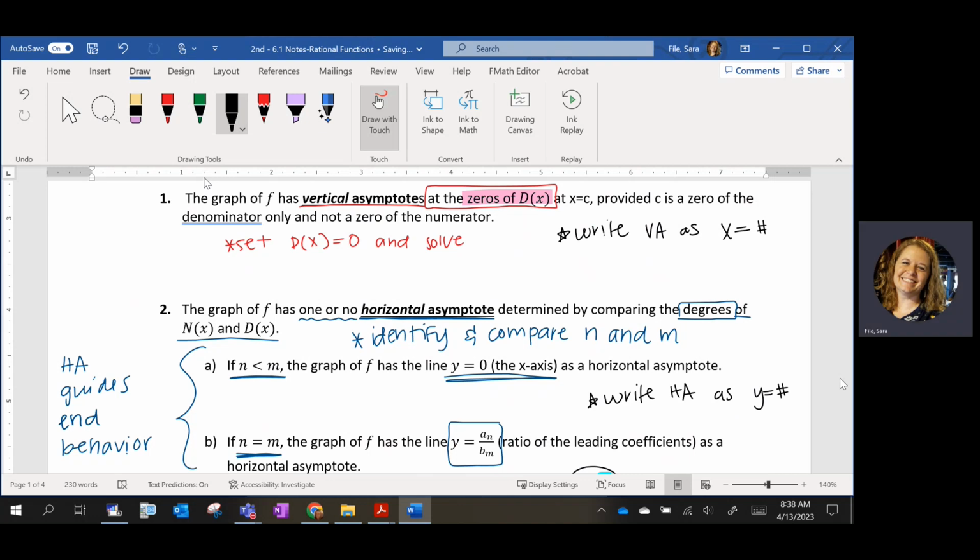Don't just give a number, it's an equation. It's a vertical or a horizontal line. So it needs to be x equals the number for a vertical line because it's going through the x-axis, or it needs to be y equals a number for the horizontal asymptote because it's going through the y-axis. Good?